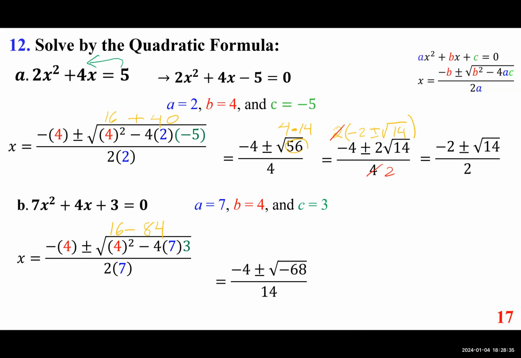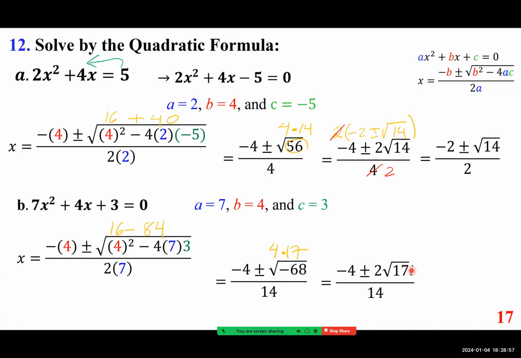Again, we notice this number, 68 is 4 times 17. Therefore, 4 comes out as 2, and this negative, we replace it with the i outside. I want to make sure everybody can see this i is outside.